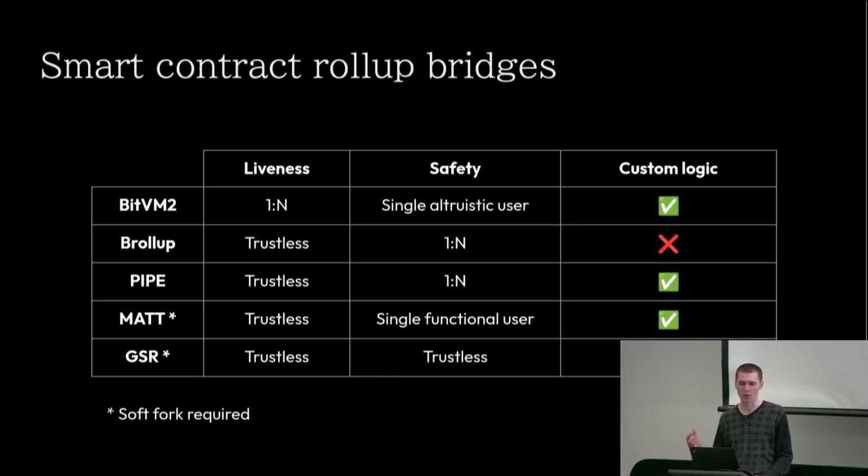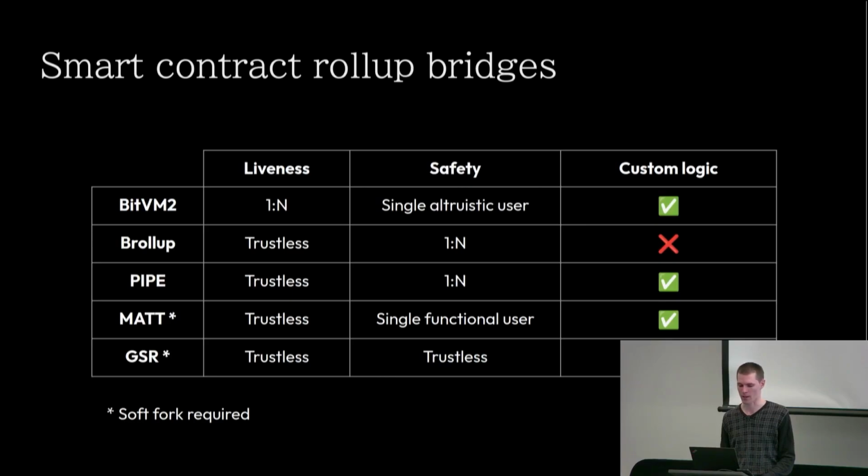They rely on a single functional user, just somebody out there on the internet who has Bitcoin and is watching the protocol to ensure safety in case somebody tries to make an invalid withdrawal from the bridge. And MAT-based bridges also support custom logic. So you can have any kind of program that is secured by a MAT-based bridge.